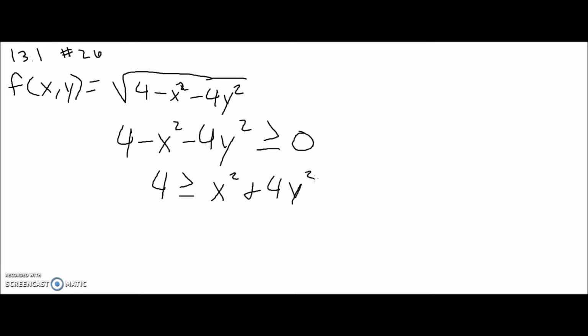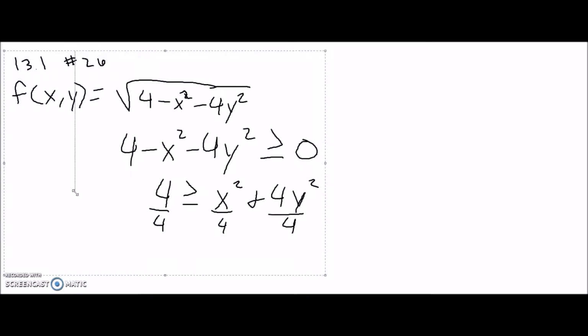Next step, because ellipses need to be equal to 1, we're going to divide both sides by 4. And when we divide both sides by 4, we get 1 is greater than or equal to x squared over 4 plus y squared.